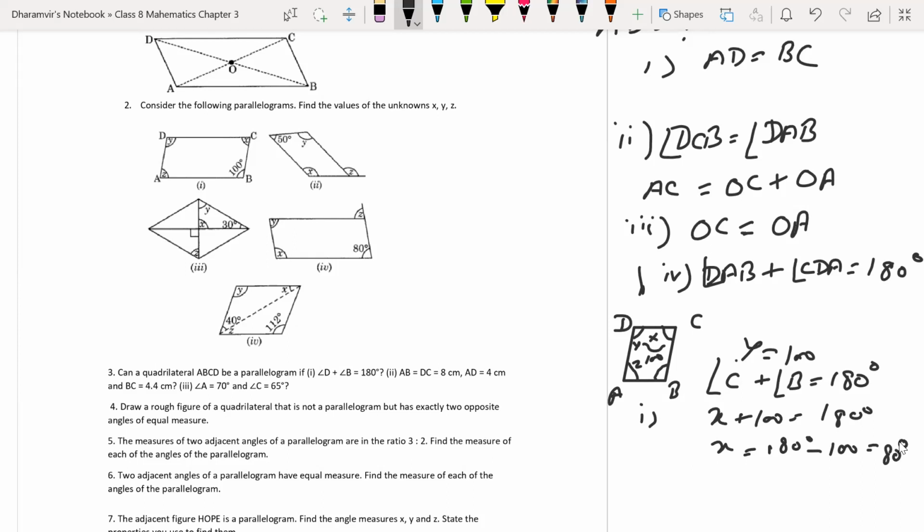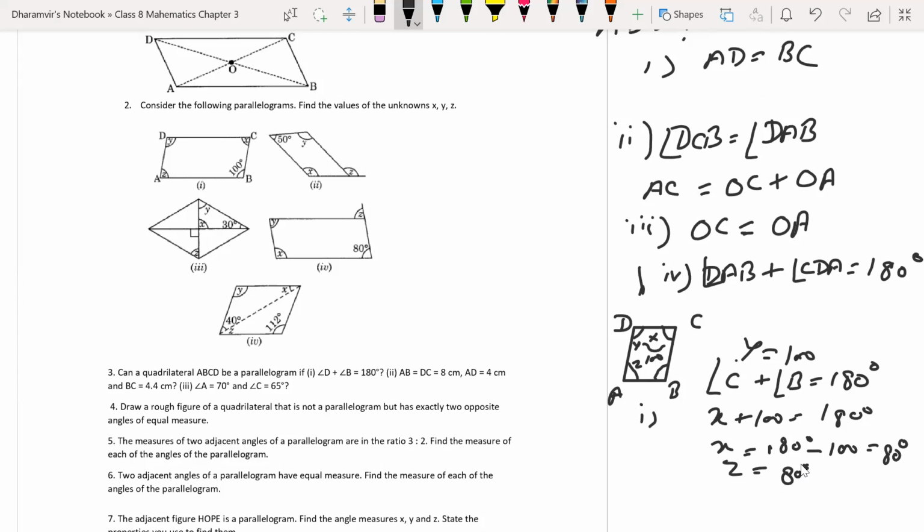But again, we are using the property of the parallelogram that opposite angles are equal. Hence, Z is also equal to 80 degree. On the other hand, we can calculate it also because the adjacent angles are supplementary. It means Z plus 100 is 180, so we can calculate Z's value as 80 degree also.